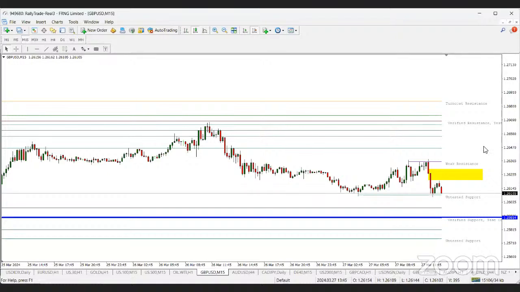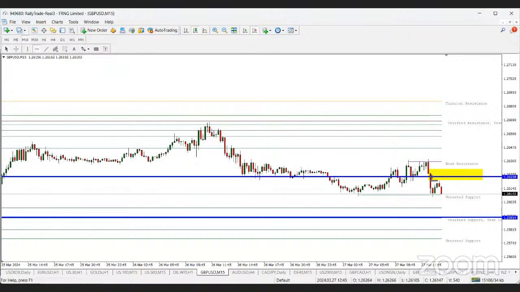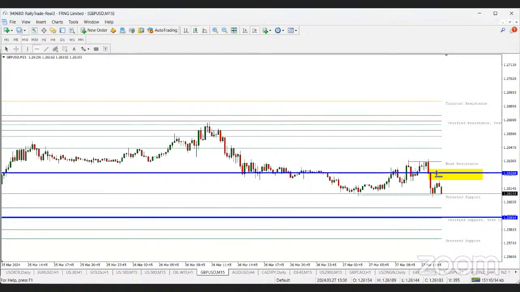For the sake of trading discipline, I would be expecting GBP USD to buy towards 1.26260. If it buys towards 1.26260, I'll look out for a further sell, and I will be selling from there to around 1.25910.